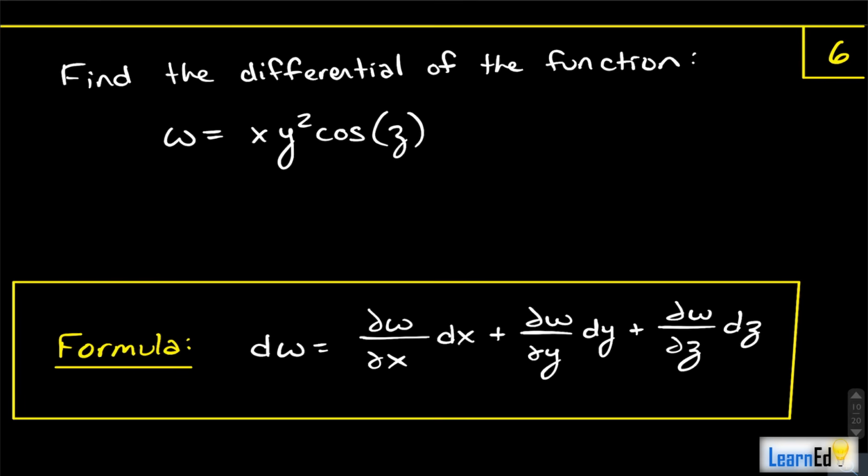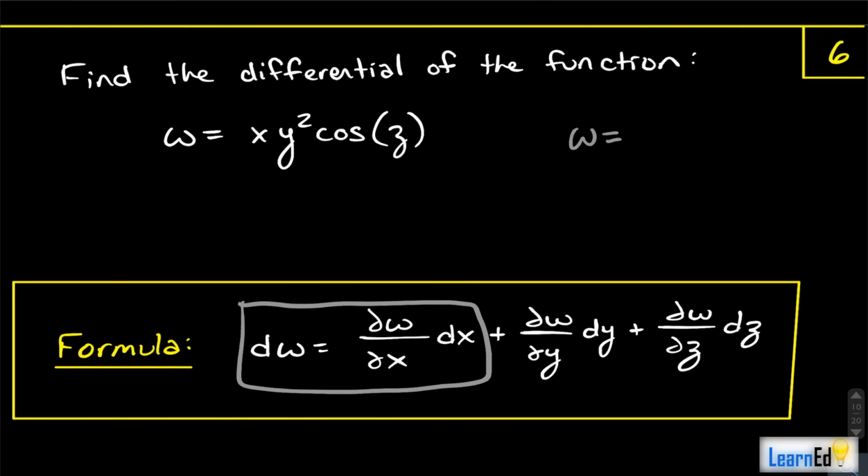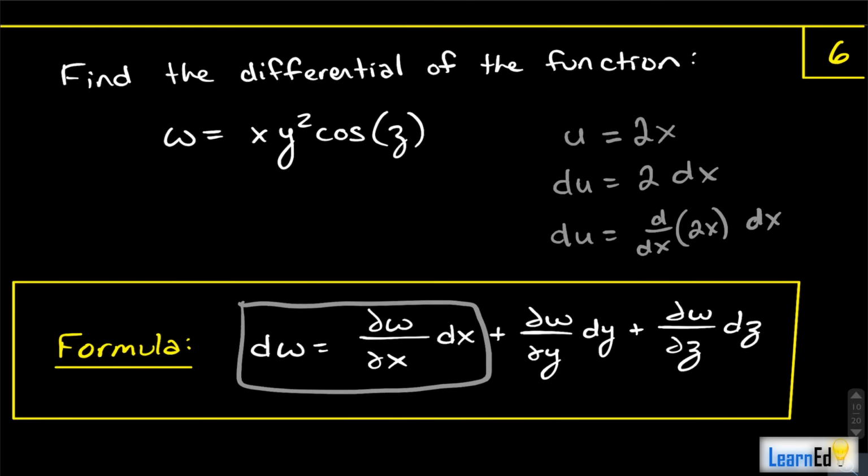Now, the thing about differentials is that it should actually be familiar to you because it kind of is like a U sub. In a way, the formula makes sense because let's just take x's. If you make a U sub, let's say instead of w we write u equals 2x, then du equals 2 dx, right? How did we find du? Well, it was equal to the derivative with respect to x of 2x, and then we add a dx on the end.